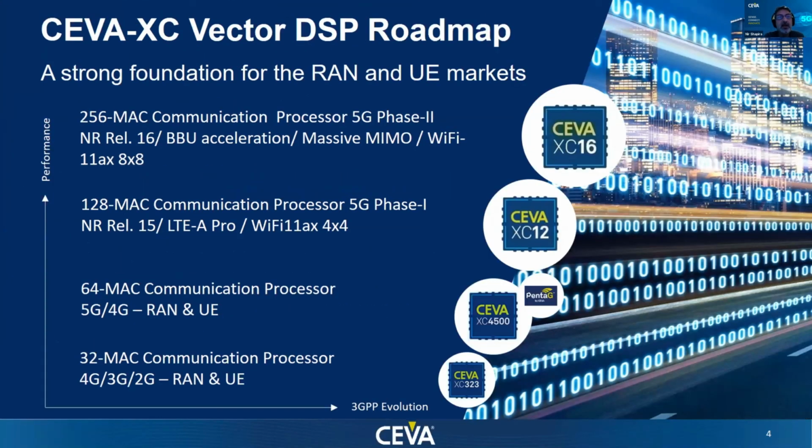Here you can see our XC family of vector DSPs for baseband processing. As you can see, in each generation, we double the performance of the vector unit. The first generation had a 32 multiply accumulate vector unit, and now the recently launched XC16, which we launched at the start of this year, has a 256 multiply accumulate vector unit.